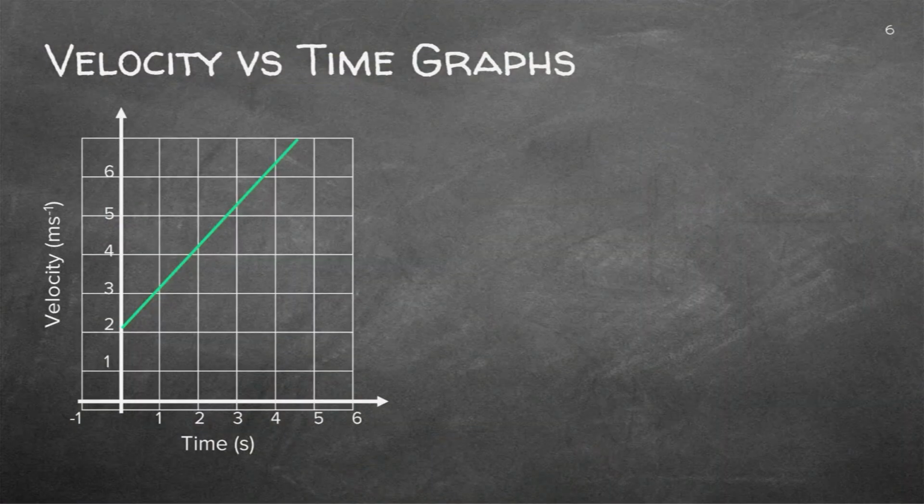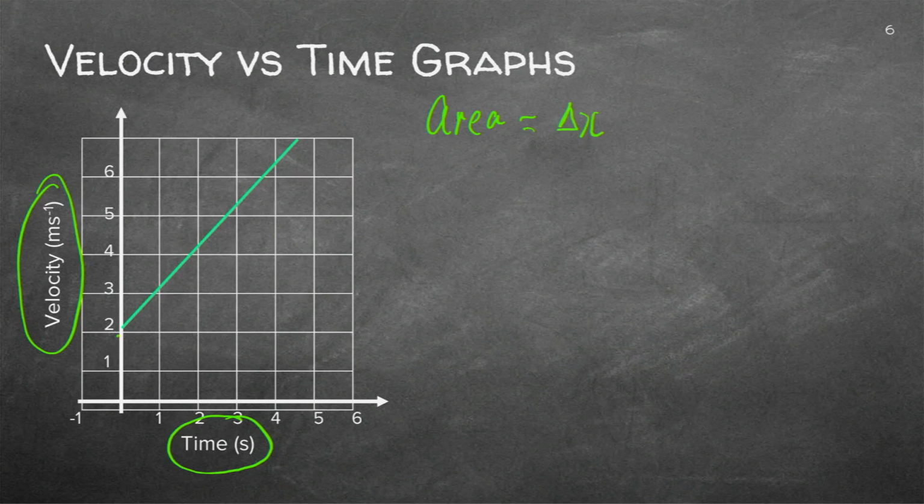The second equation is built on the graphs that we just did, where we say the area of velocity time will give me, please have a little thought, delta x. I will get the displacement from velocity time.